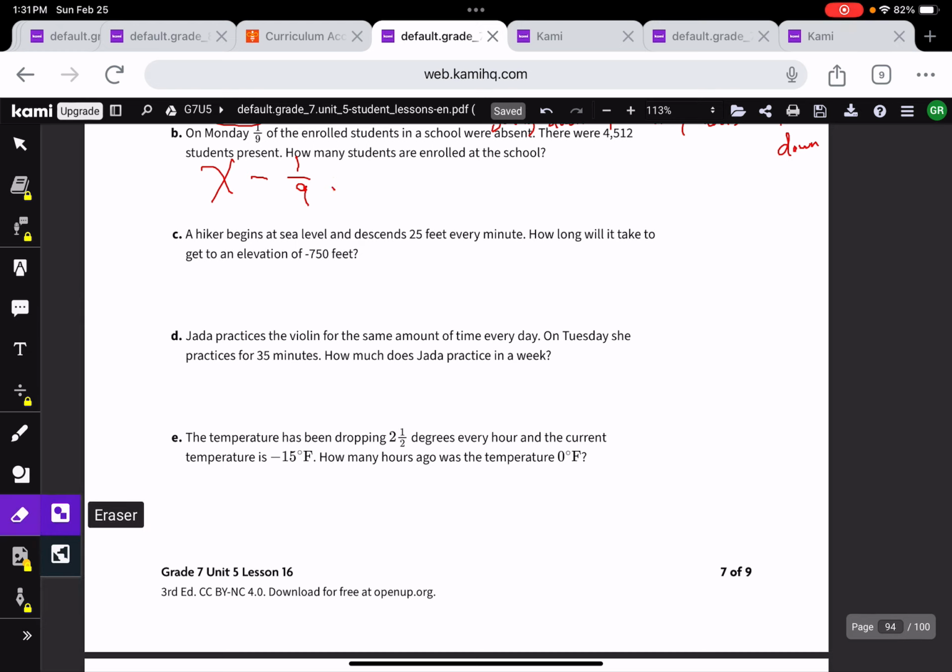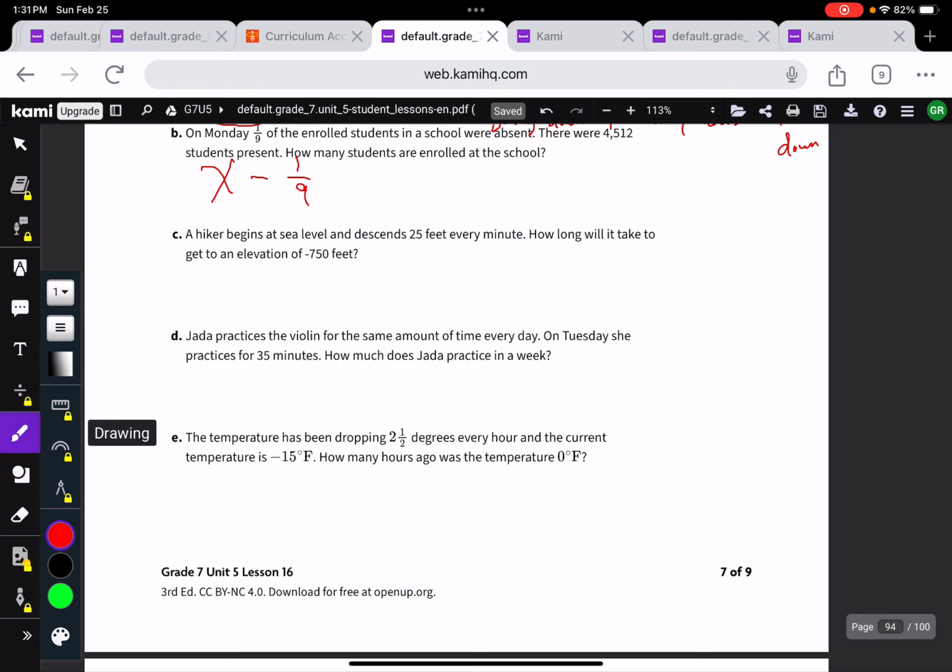I'm just using X because my S's will look like phi's for students. If we started with students and we got rid of 1/9 of the students, we'd be left with the students that are there. So there's our equation.